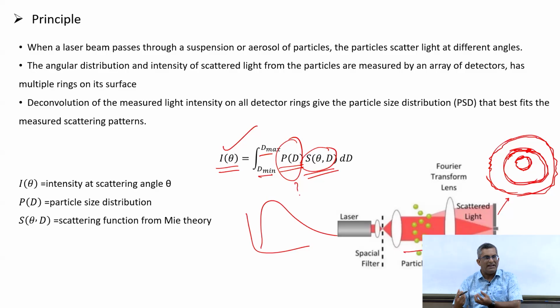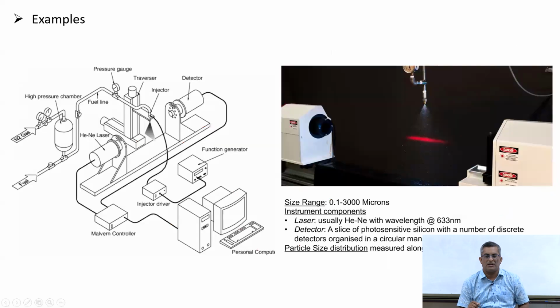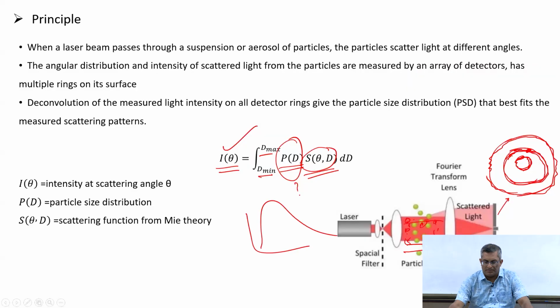So, you see light from all the particles present in this path. That is the reason you do not get local information, you get integrated information. So, you get the size distribution, but that does not correspond to a particular location, rather it is an integrated one.